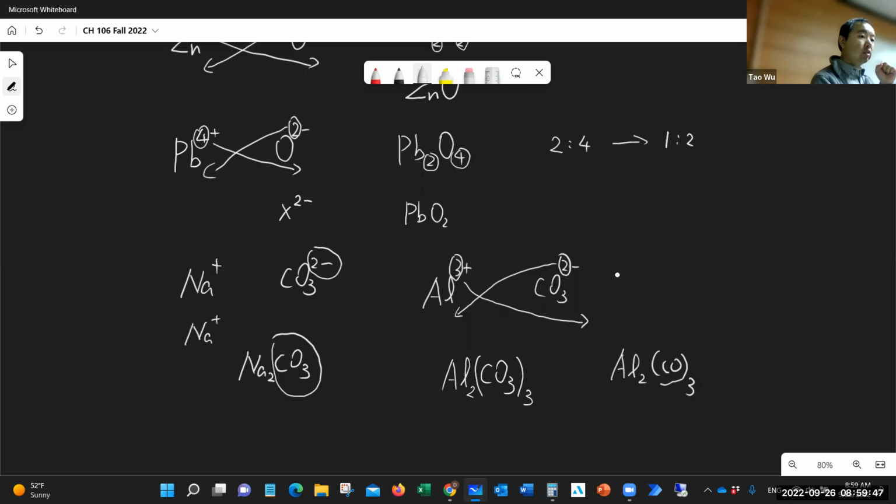So this is not 3 carbonate. Write it like this. This number 3 means we have 3 carbonate ions, and this 3 means inside 1 carbonate ion we have 3 oxygens. Inside the 3 carbonate ions we have 9 oxygens.